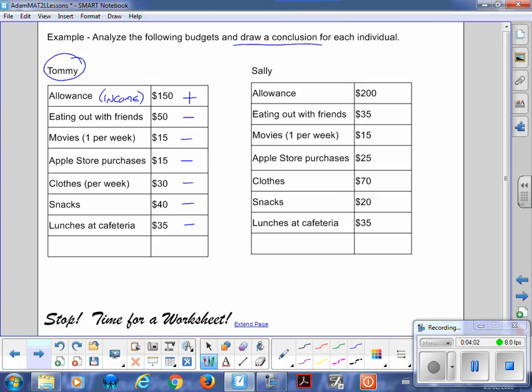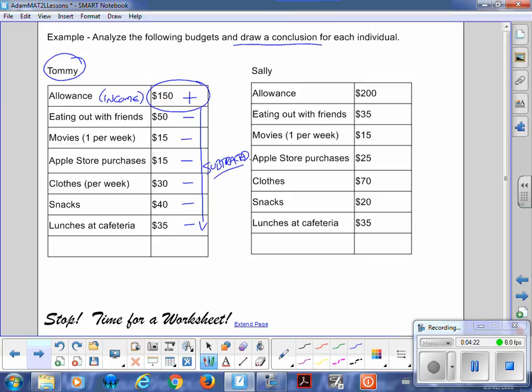All right. So when we go through and do the tally here, I'm going to start with all the positives and add them up. Now, unfortunately for Tommy, he's just got the one. So on the calculator, I'm simply going to go 150. And then all of these get taken away or subtracted. All right. So we make a conclusion here for Tommy.